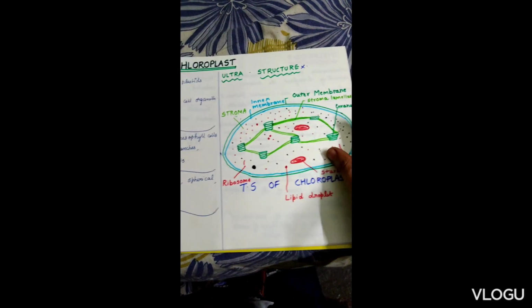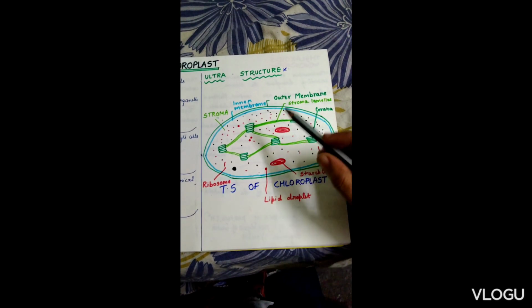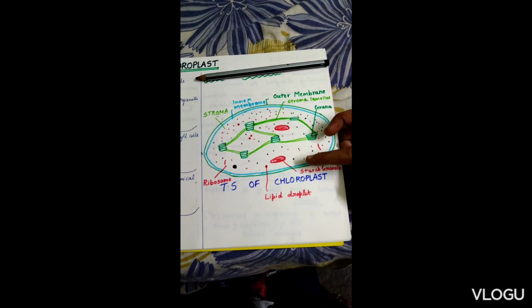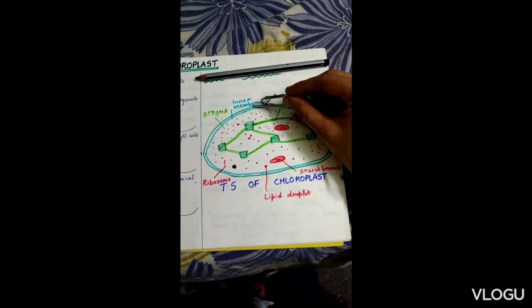Coming to the structure of chloroplast, now this is the TS of chloroplast. It's not the ultrastructure, this is the TS, that is transverse section of chloroplast. When you take the transverse section, you can see they are covered by two membranes, outer membrane and inner membrane.